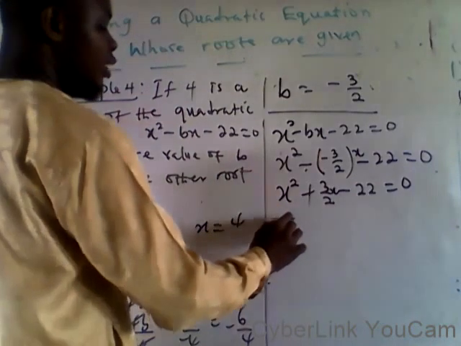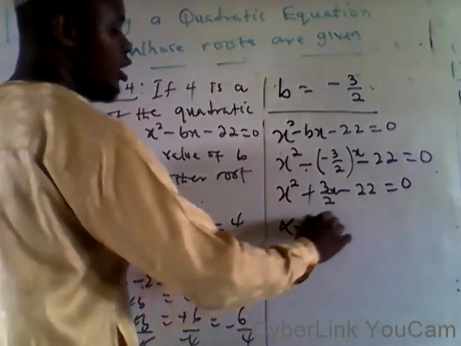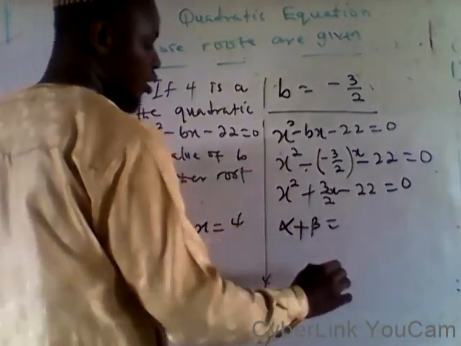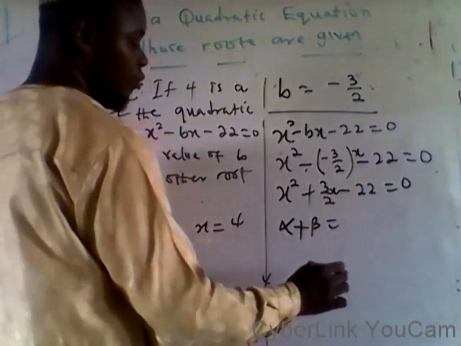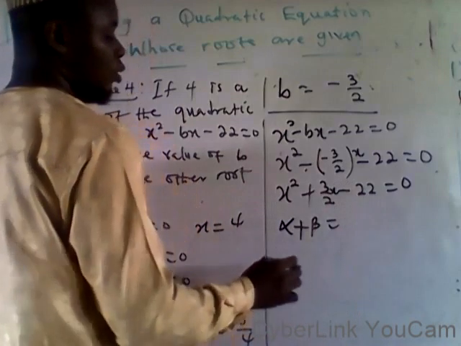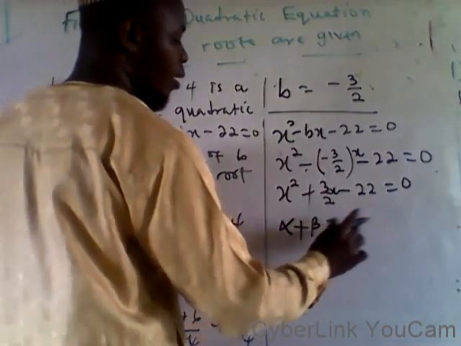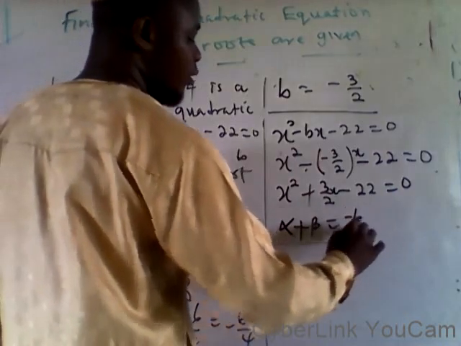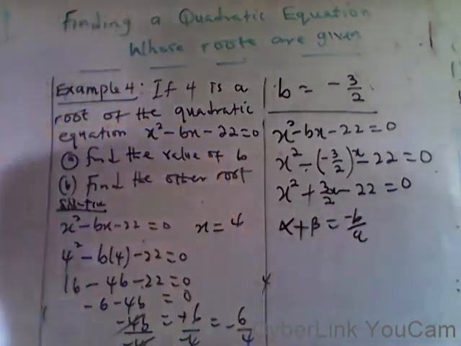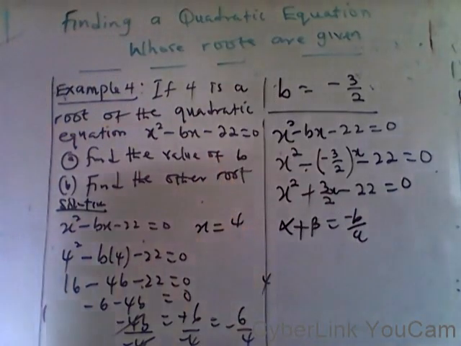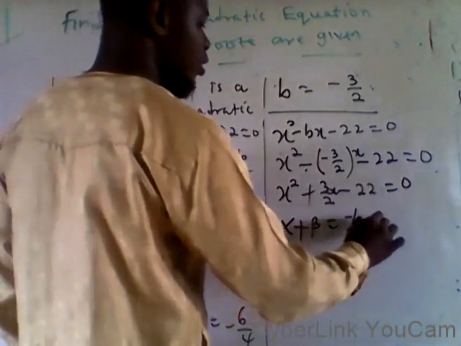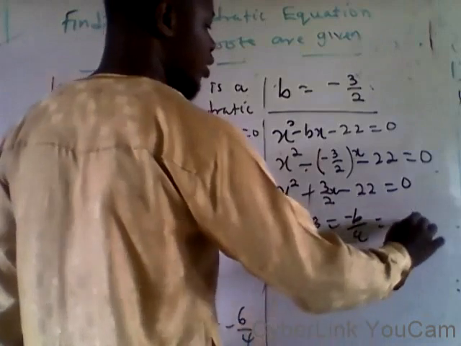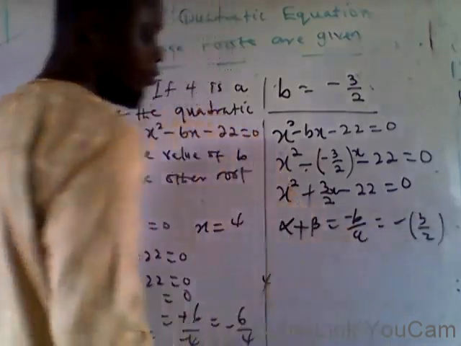But we know that the sum of the roots equals minus b over a. That is the sum of the roots. Our minus b is minus into bracket minus 3 over 2. Right?